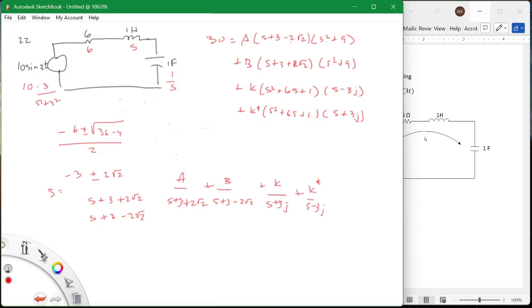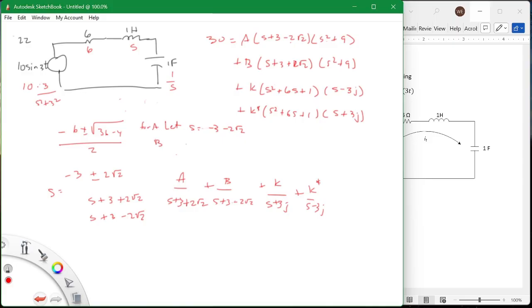So for A, minus 3 minus 2 square root of 2, and everything else drops out except for this term and this term. It ain't nice, but it's doable. Then for the B, that's for A.